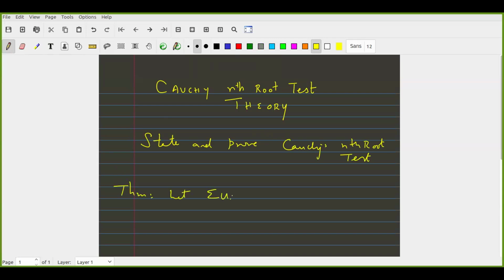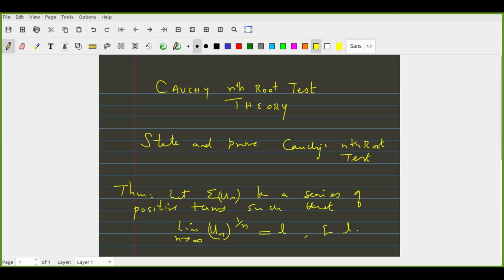Let summation un be a series of positive terms such that limit of un raised to 1 by n as n tends to infinity, such that limit is equal to L, and if L is less than 1, then summation un converges.